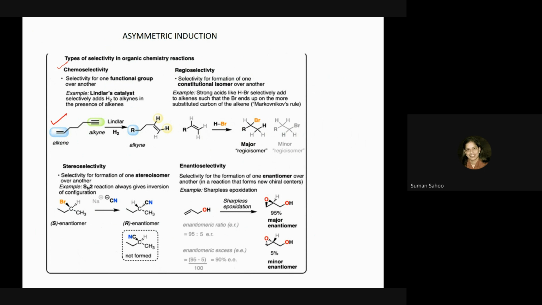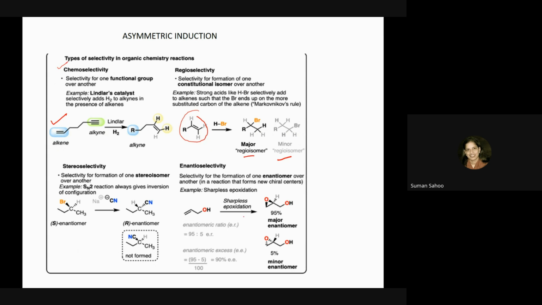And regioselectivity, such as in the case of Markovnikov addition, you get 2 compounds, one major and another minor. So you are getting 2 constitutional isomers, one major over the other. In the case of stereoselectivity, one stereoisomer is formed in excess as compared to the other enantiomer.